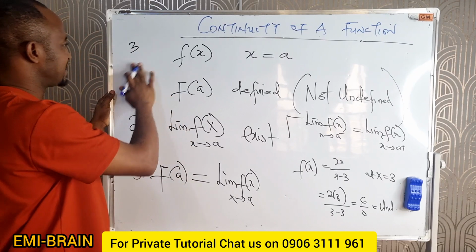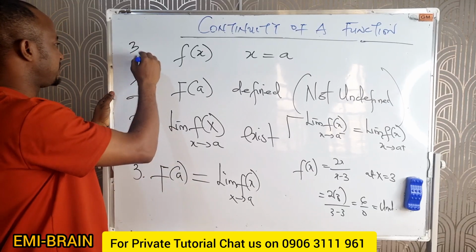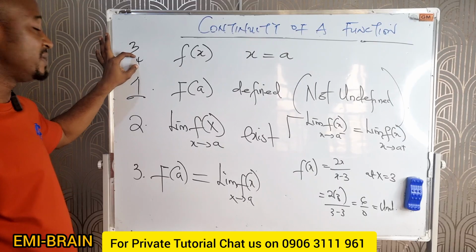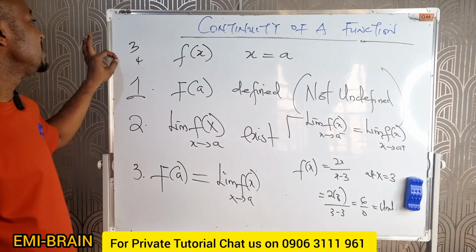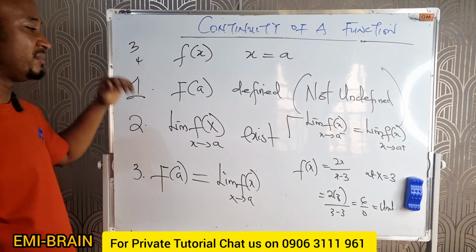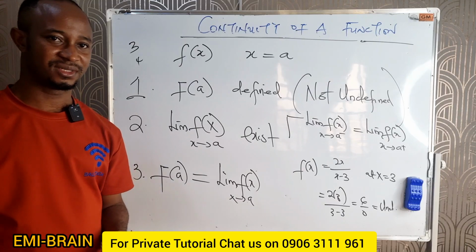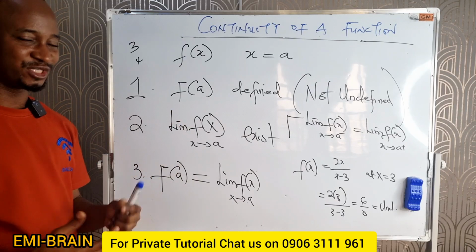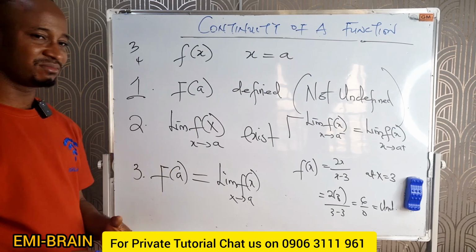But if f of a is 3 and the limit is 4, f of a is defined and the limit also exists, but if these two are not equal, the function is still not continuous. So the first thing we need to take note of is that f of a must be defined. Number two, the limit must exist.